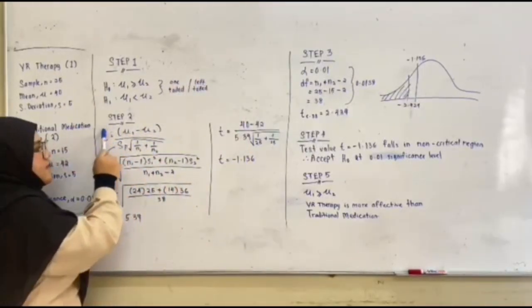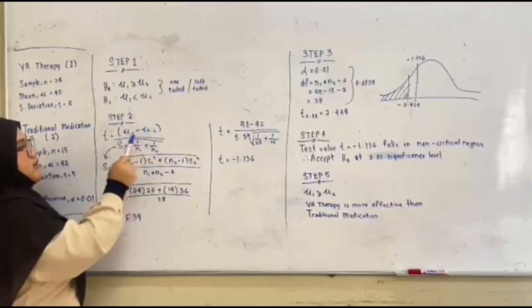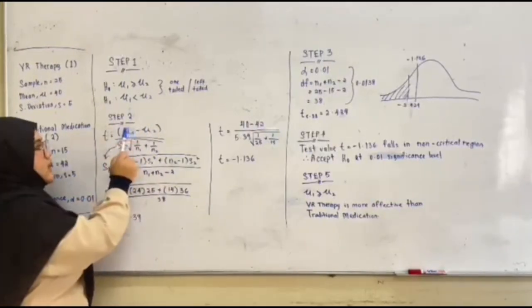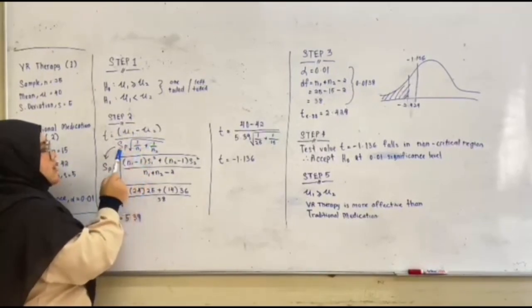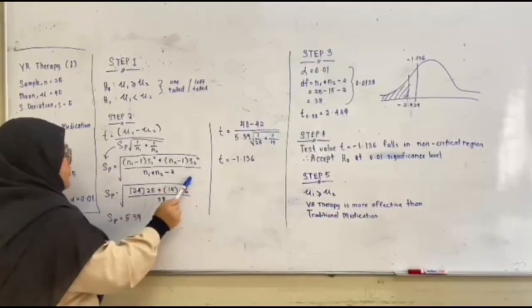Then, moving to step 2, this is the formula. The formula is t equals mean 1 minus mean 2 over Sp times the square root of 1 over N1 plus 1 over N2. N stands for samples. Sp needs to be found to be used in the t formula. So this is the formula for Sp.